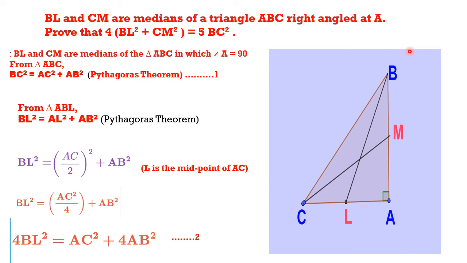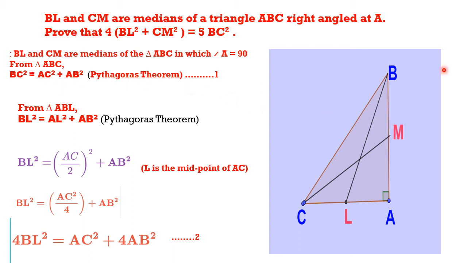The figure should be correctly drawn, otherwise you won't be able to prove whatever you are shown in the question. Once the figure is properly drawn, you have to apply Pythagoras theorem. Here you are going to apply Pythagoras theorem in three triangles.